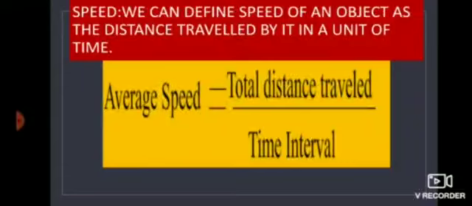And how we can calculate average speed? Average speed is equal to total distance traveled by time interval. We can say average speed is equal to total distance traveled by total time taken to travel the distance.